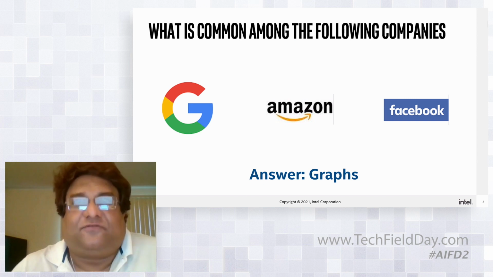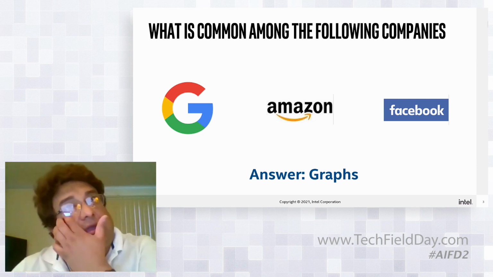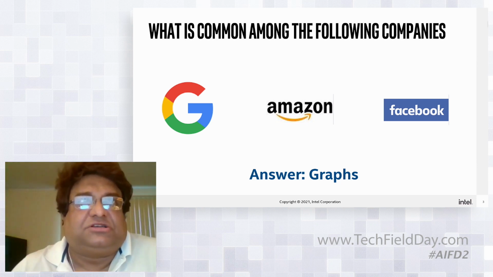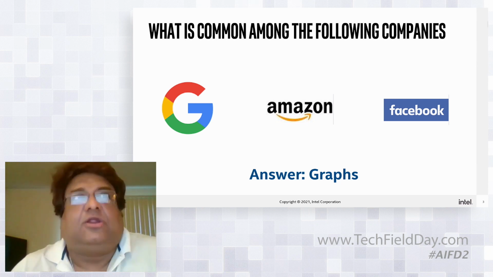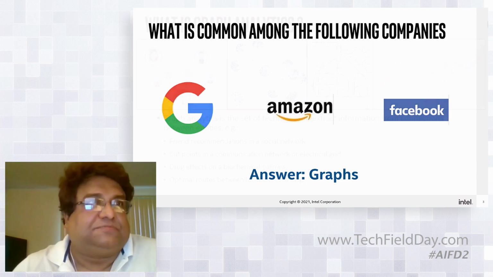Then we have Facebook uses social graphs to find influencers and friends through its associated algorithms. So not only are these three companies doing a lot of innovation in this space, Intel is doing that along with Katana Graph and various other companies, and we will be getting into the details as part of this presentation.